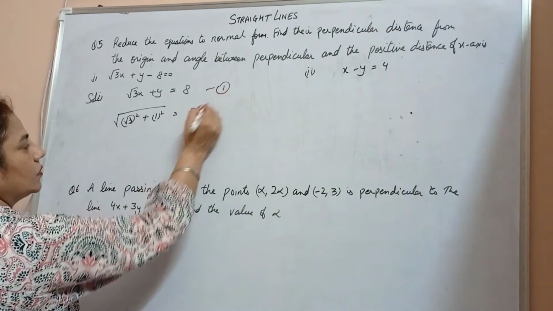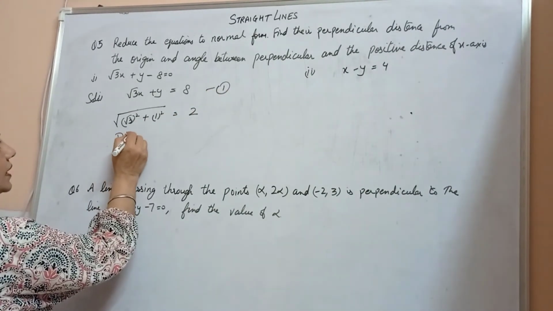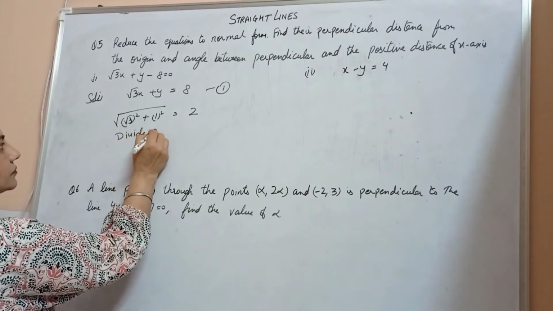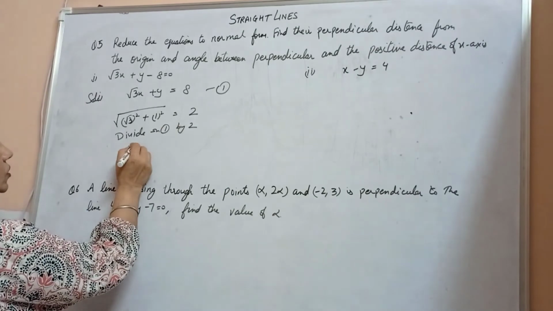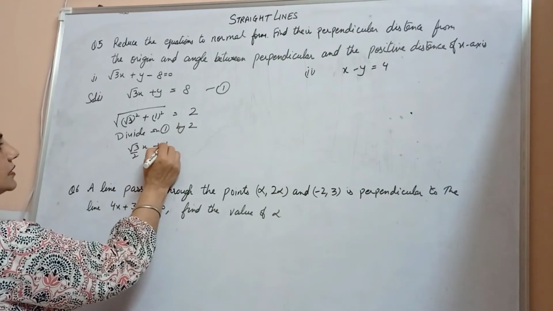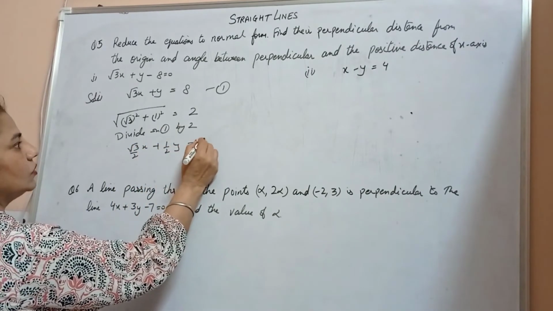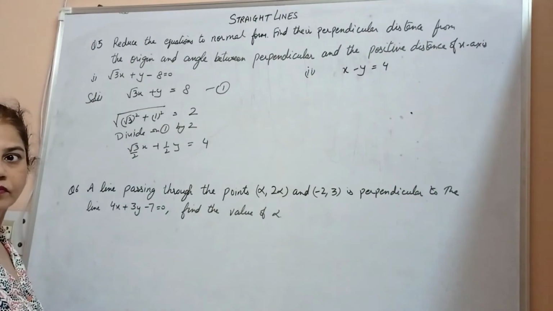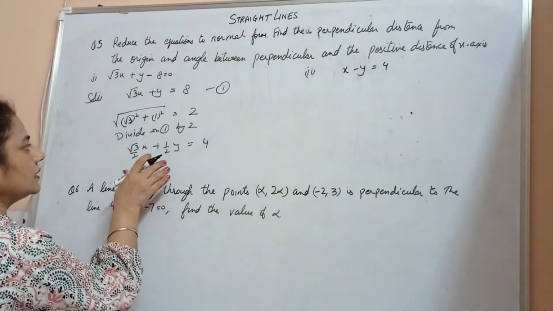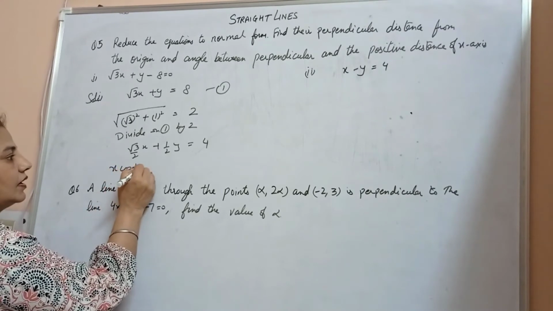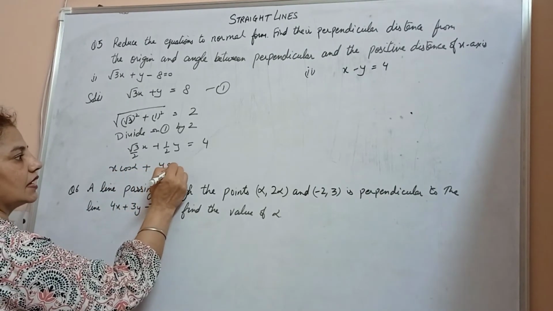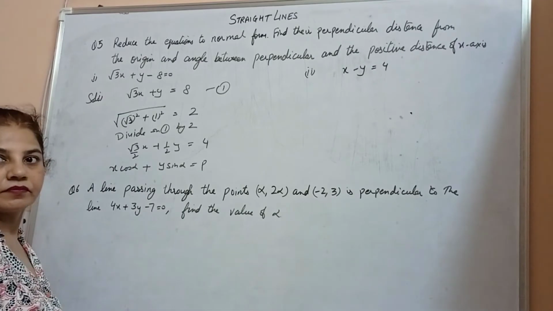So this is my equation number 1. Divide equation 1 by 2. I get root 3 by 2 x plus 1 by 2 y is equal to 4. Compare this equation with the normal form x cos alpha plus y sin alpha is equal to p.